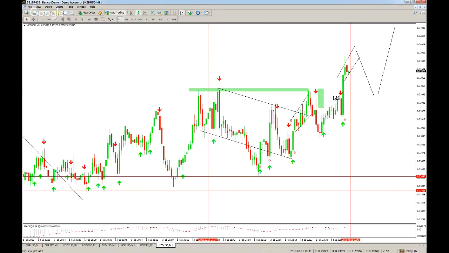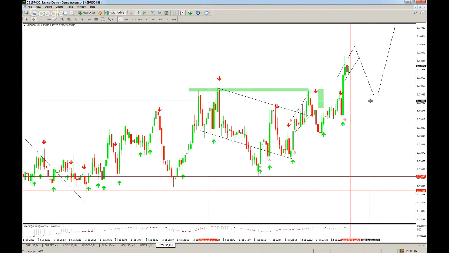It won't be surprising for me to see that, considering what the price action has been doing for New Zealand at this point in time. So we could expect that, but we just have to wait and see.